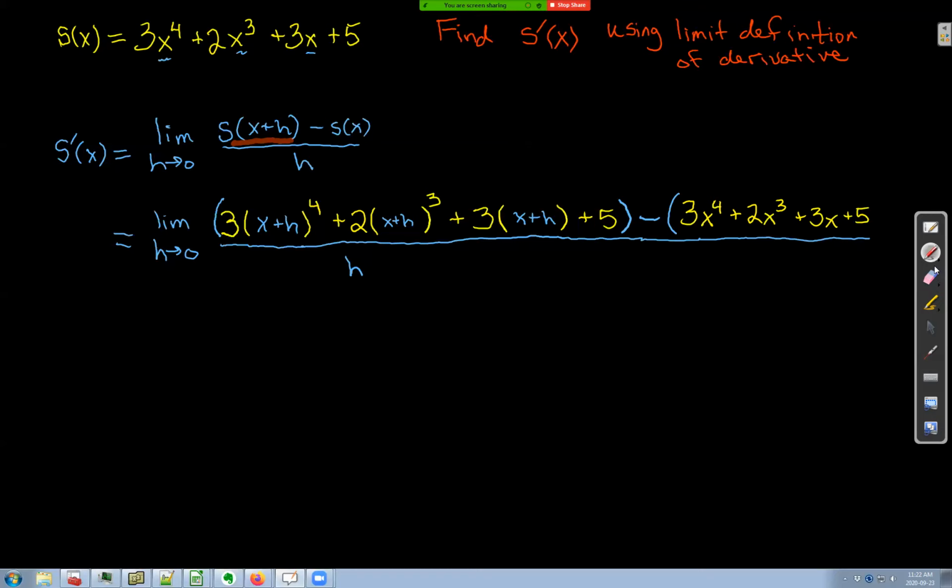That's just s of x. So this thing expands to this big thing, and this little thing expands to this slightly bigger thing.